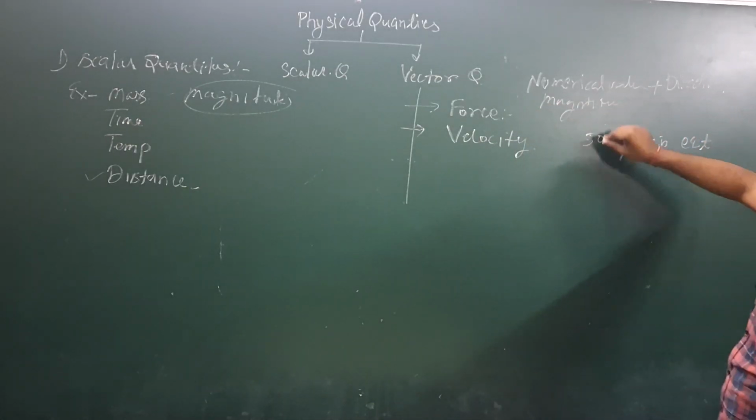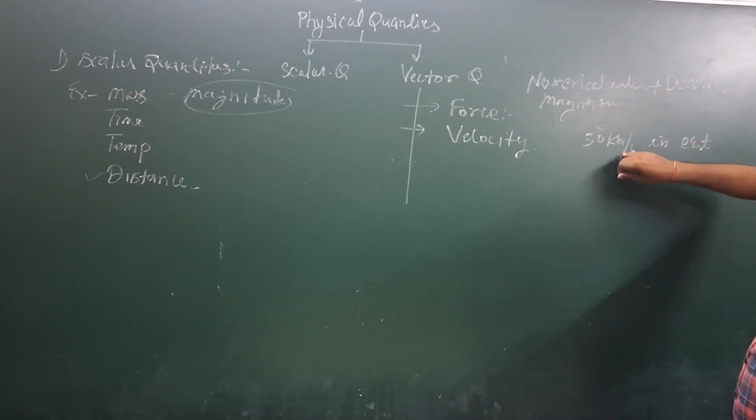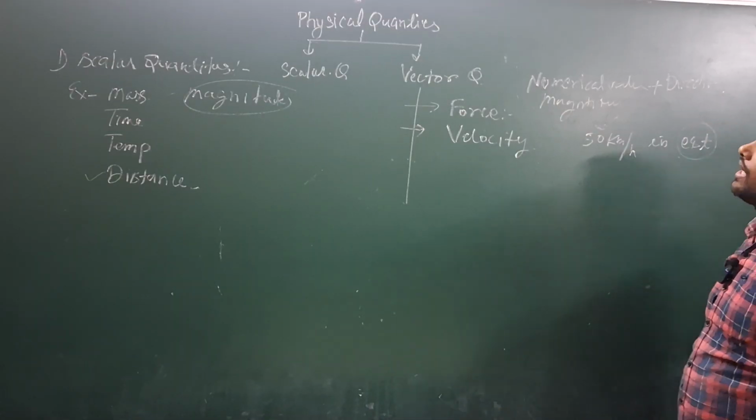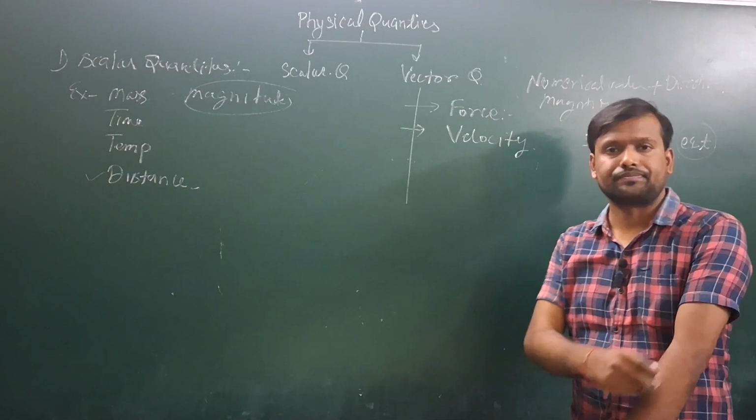Here we have the magnitude, the unit and also a direction. These quantities are known as vector quantities.